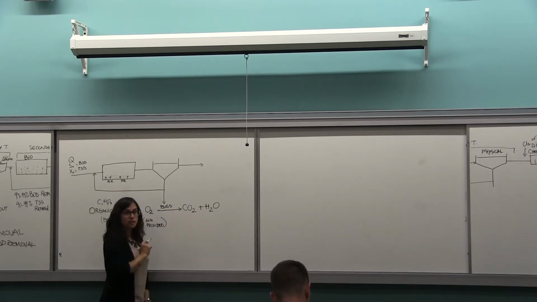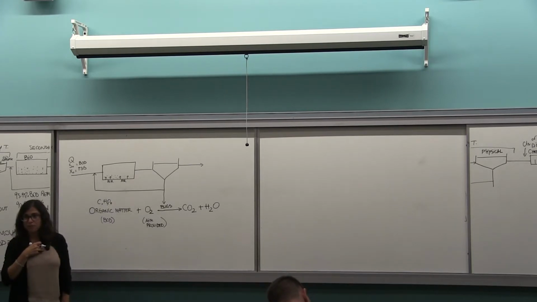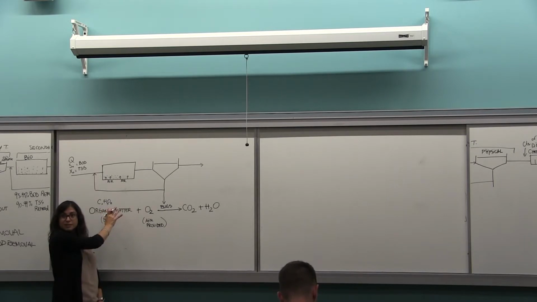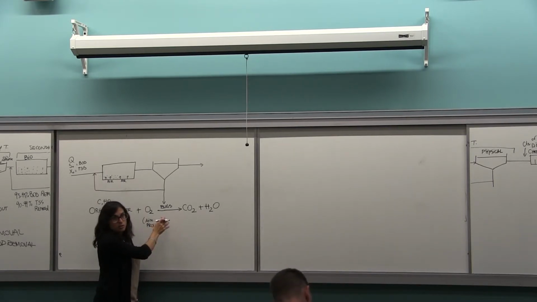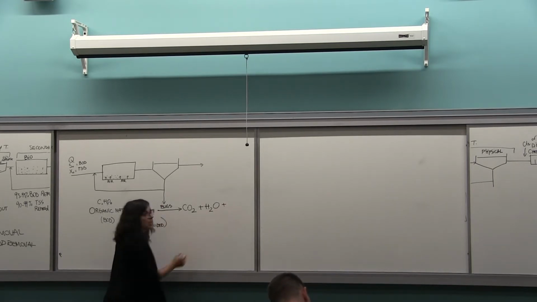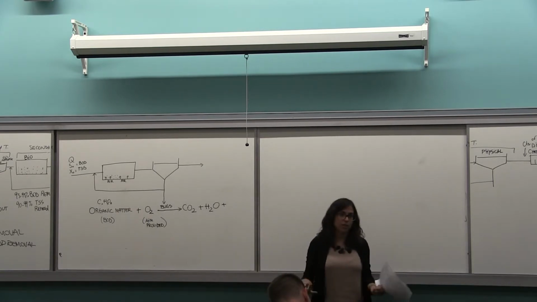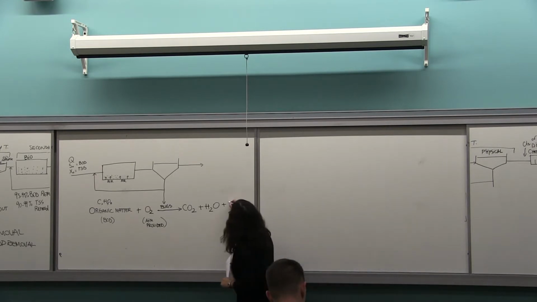CO2 plus water. We are aerobic, right? We consume organic matter, we breathe, we use oxygen, we release CO2 and water. Now, energy is released so it can be used by us to move and also by the bugs.